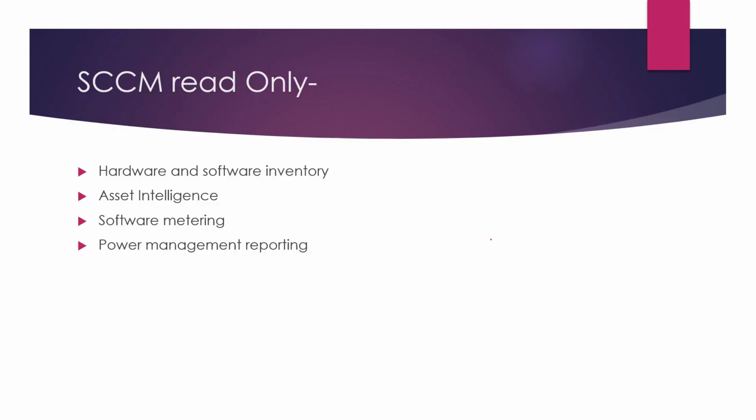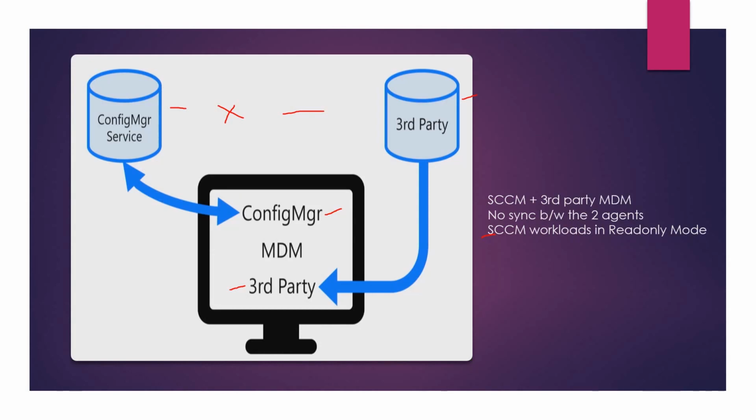So SCCM will go into read-only mode, and it will only be able to gather inventories like hardware and software inventory, power management reporting, software metering, and asset intelligence. It's only going to extract the reports and the configuration and the values that have been set.